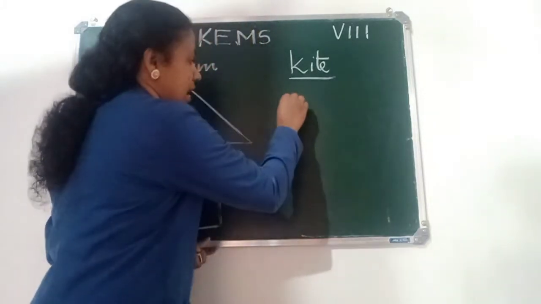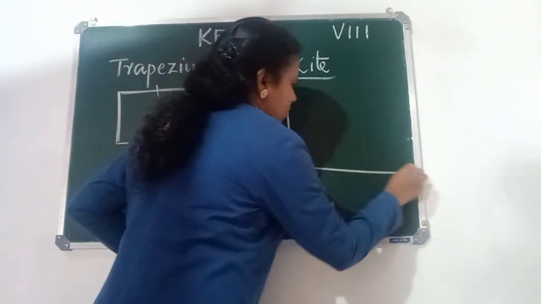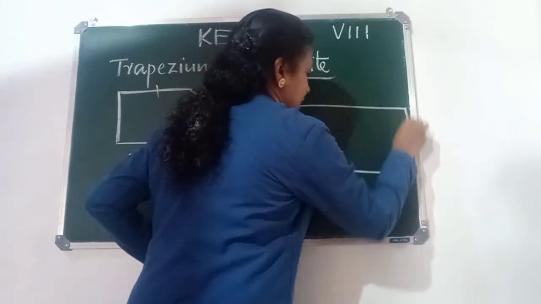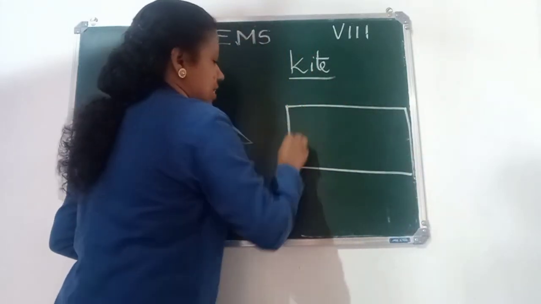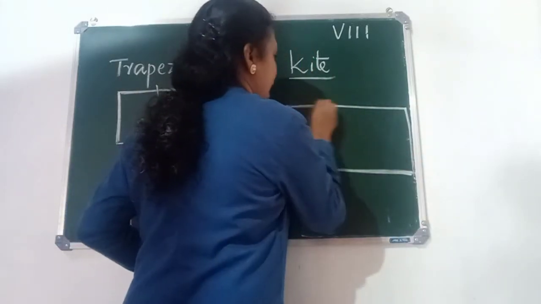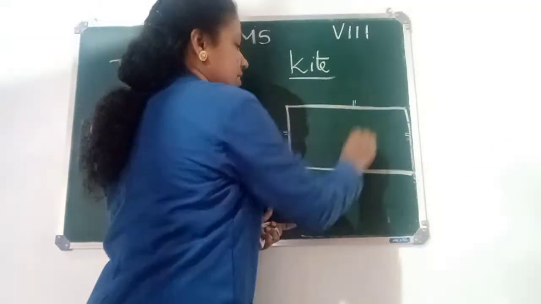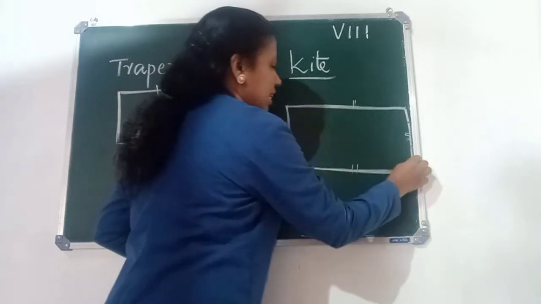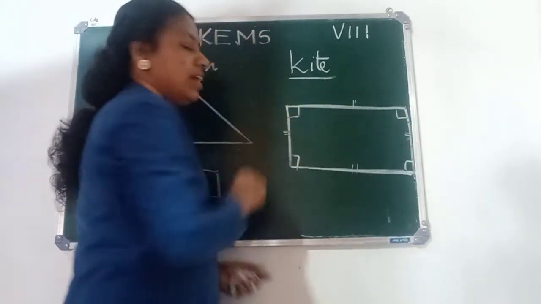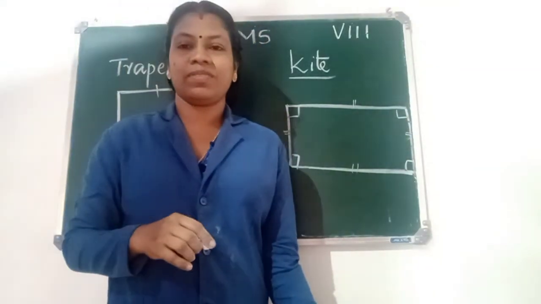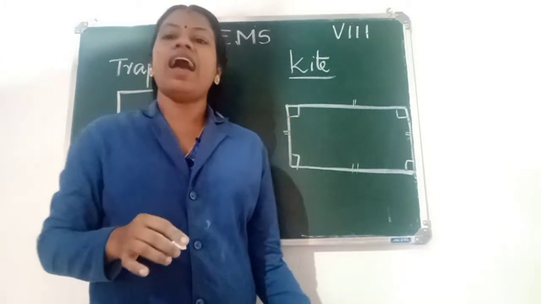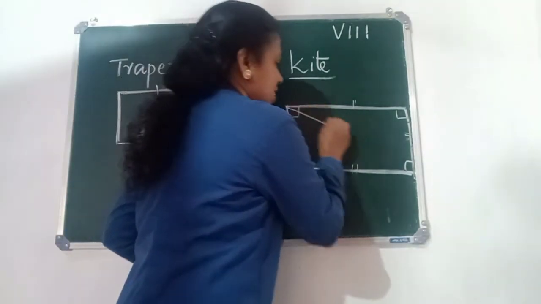So the lines are like straight lines. So this is a rectangle. We know that a rectangle has four sides and opposite sides are equal. In a rectangle, all angles are 90 degrees. And diagonals are equal.